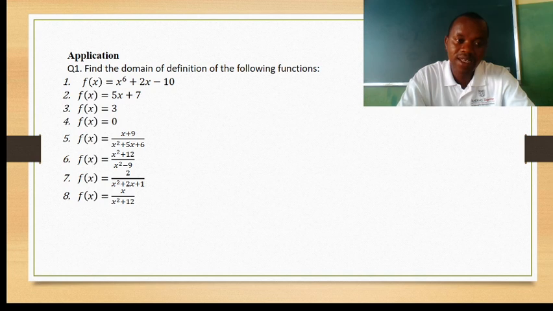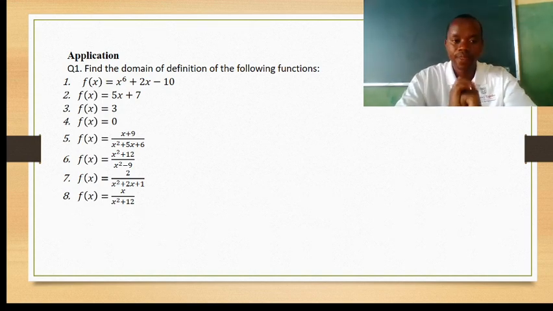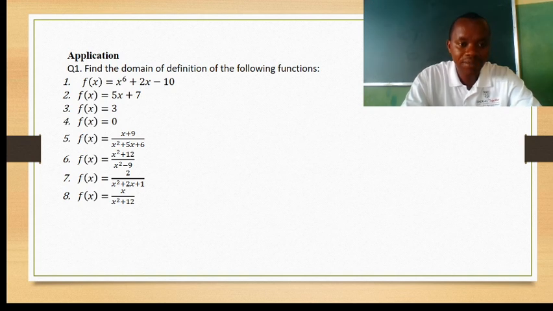For this function number 5, we have found that the numbers -3 and -2 make the denominator equal to 0. In this case, the domain of definition is R minus the set containing -3 and -2.